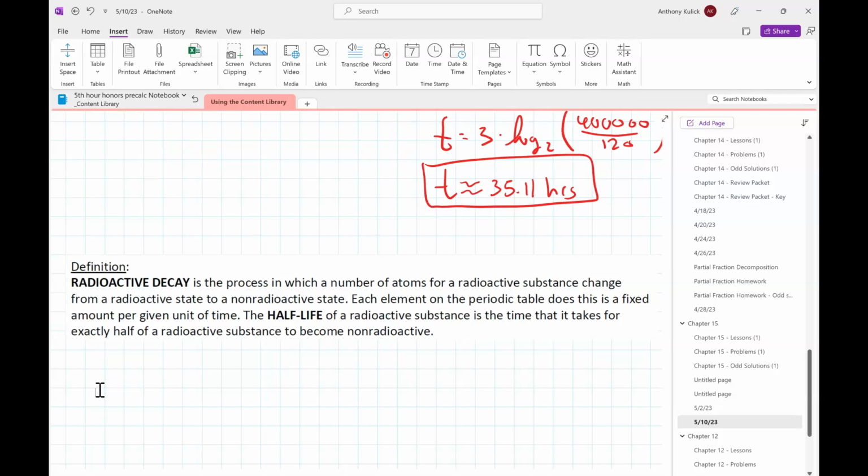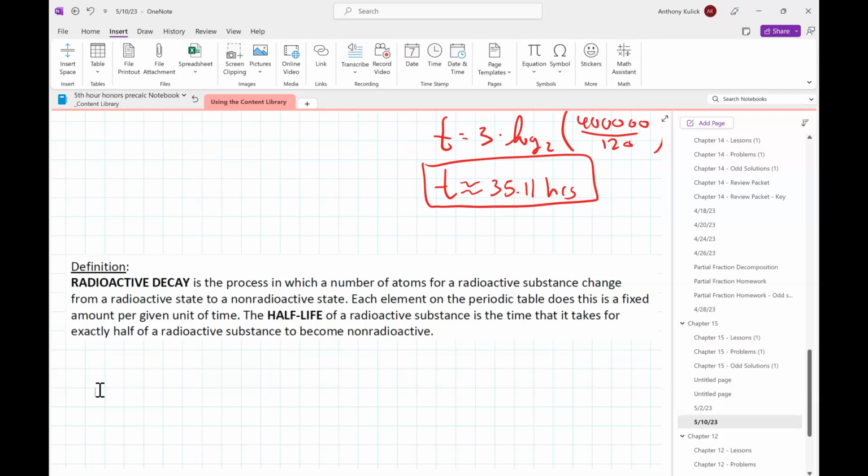So the way we measure that really slow process is with something called a half-life. The half-life is the amount of time it takes for a sample of that radioactive element to decay into something else. So we measure half-life typically in some unit of time. Some elements are really unstable and it doesn't take very long.